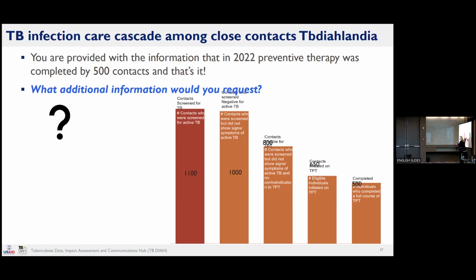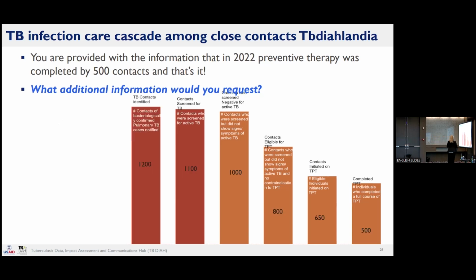So 1,000 were supposed to be recommended, but only 800 were recommended. So where are the other 200? Yes, we might investigate. It might not be bad. The reasons could be justified why those 200 were not recommended for treatment.